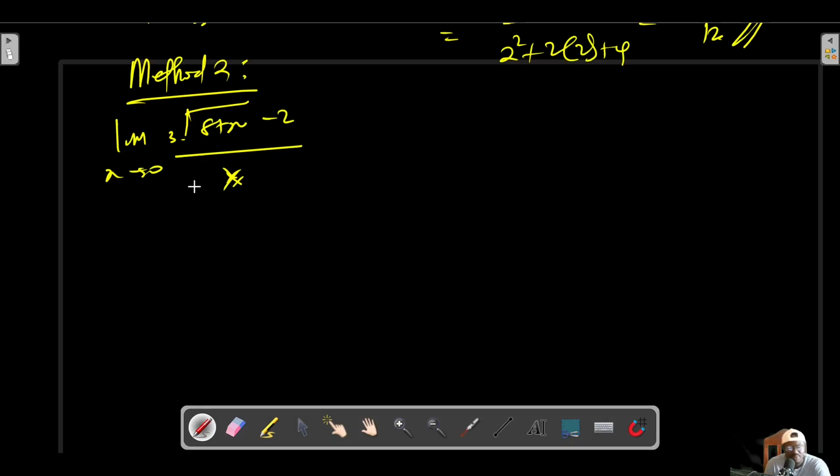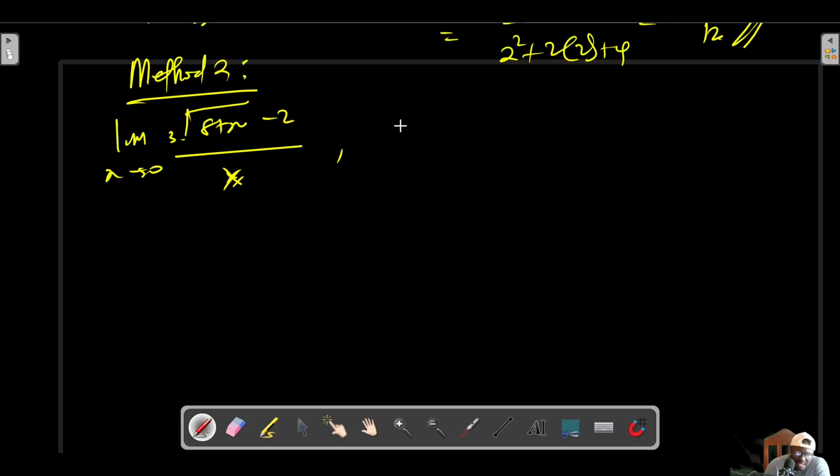To rationalize means to try as much as possible to eliminate the radical. What then do we do? We need to multiply the numerator by some expression to get rid of the root.